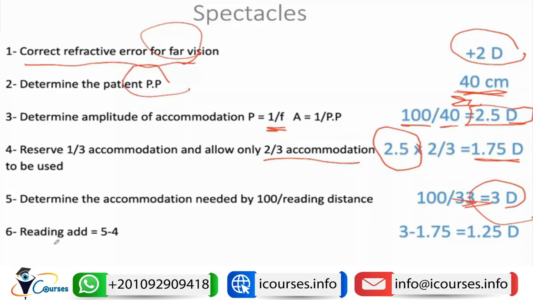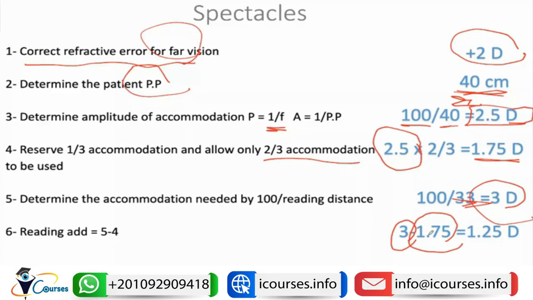So how much reading aid does the patient need? It will be a subtraction: the total amount of accommodation that the patient needs, which is 3 diopters, minus the total amount of accommodation that the patient has after removing the reserve.